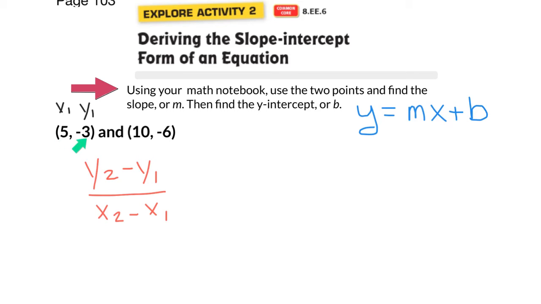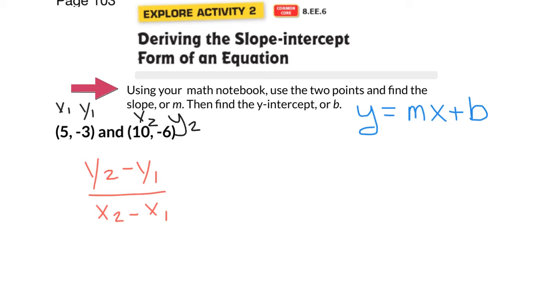If you're given two points and you're asked to find the slope, we use our formula for slope, y2 minus y1 over x2 minus x1. Keep in mind that you label them x1, y1, and then you label this one x2, y2, and now I know where to put them in my formula.